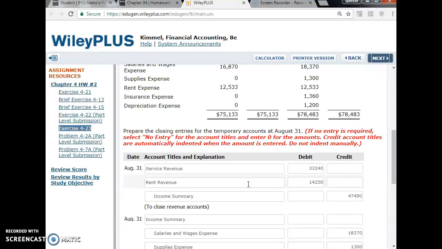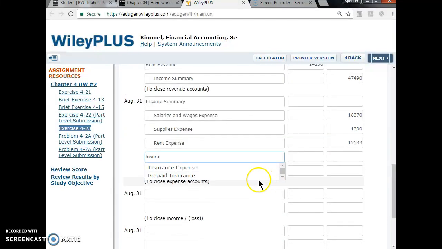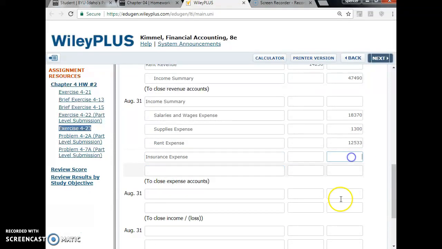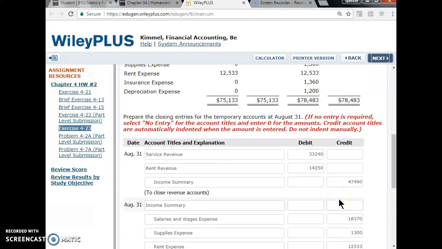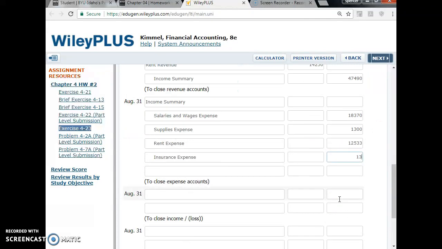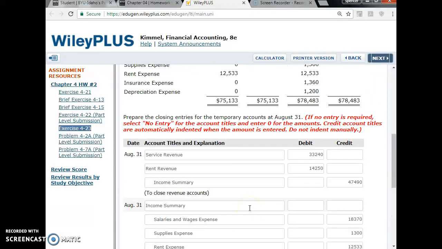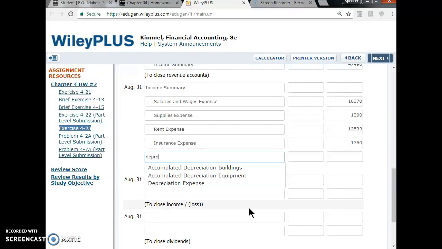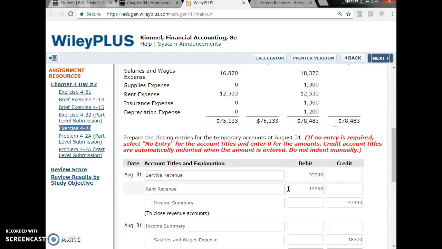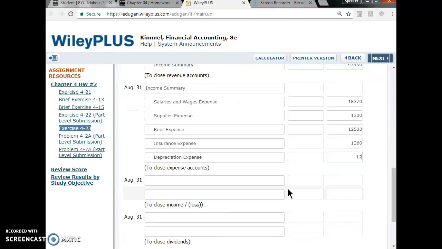The next expense is insurance expense. We're going to credit that for 1,360. And our last expense we have is depreciation expense. So we're going to credit that one for 1,200.